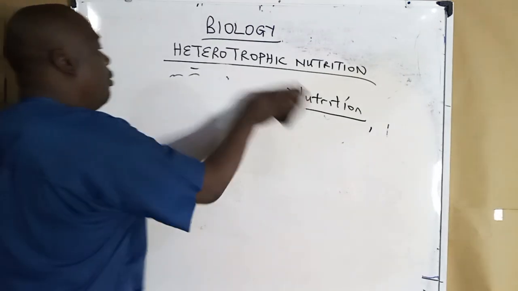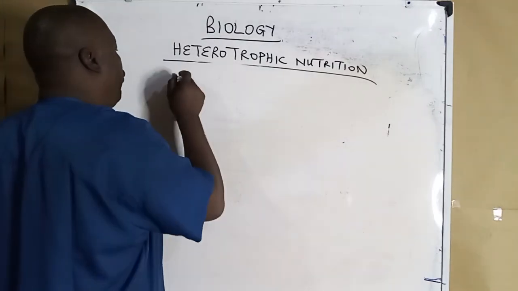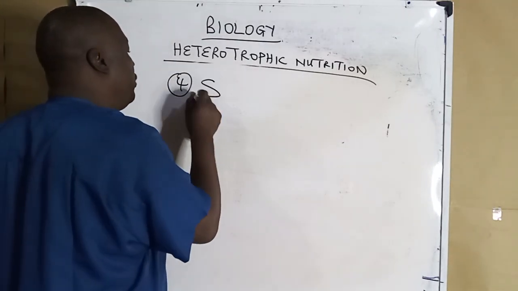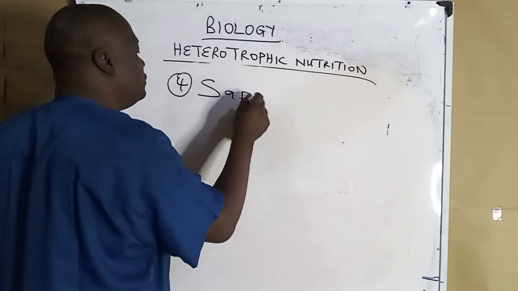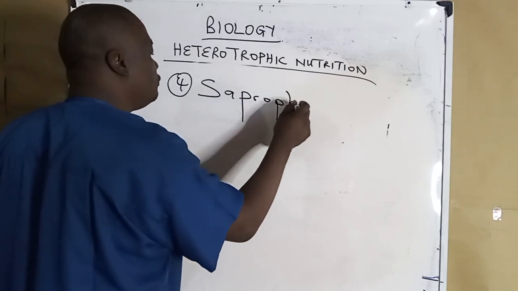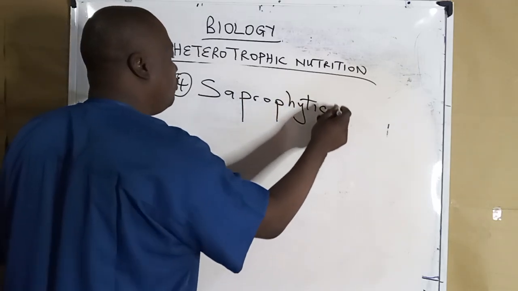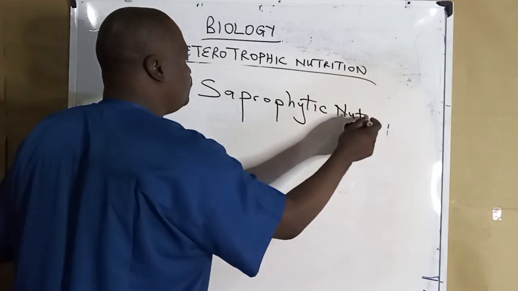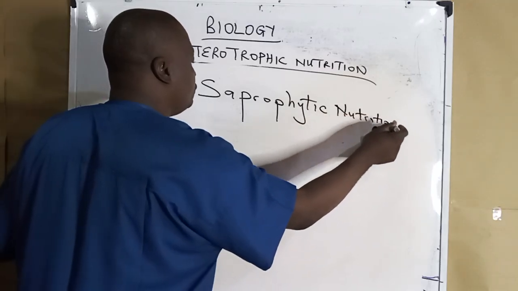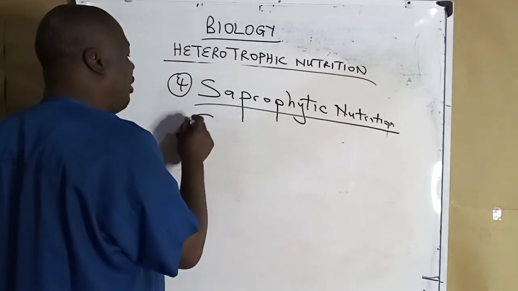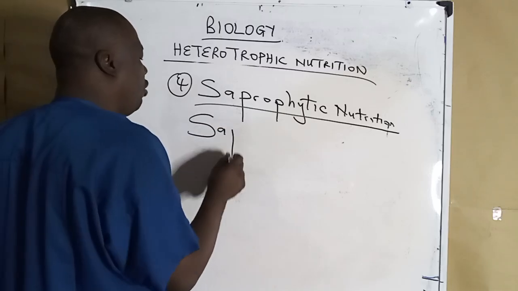The next one now is saprophytic nutrition. The organisms that take part in saprophytic nutrition are called saprophytes.